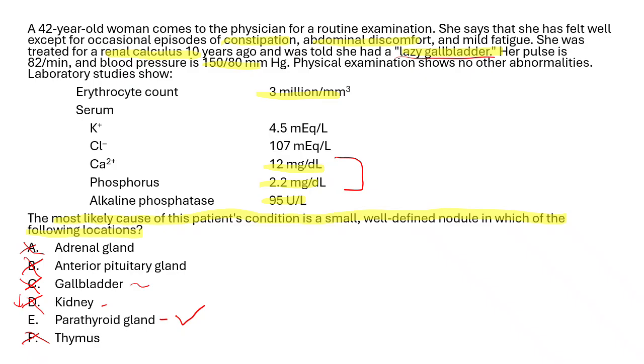So remember, DiGeorge syndrome is a problem where the branchial pouches don't form, and we get an absence of the thymus, and then we also get an absence of parathyroid gland tissue, and so people, as a result of that, will have low calcium. So again, that's in the wrong direction, and I could see someone bundling those together in their head and thinking, well, E seems too straightforward, I'm not going to pick that.